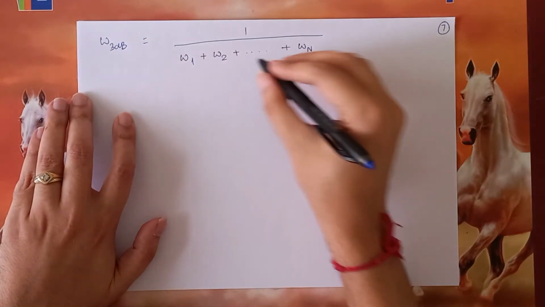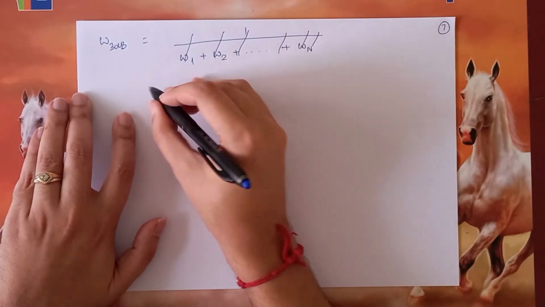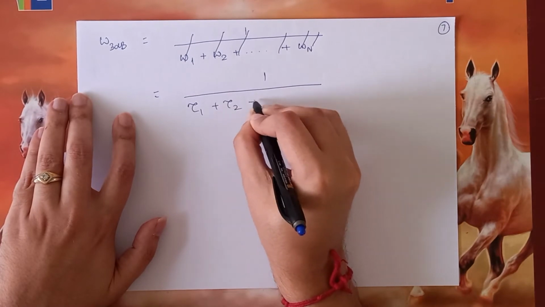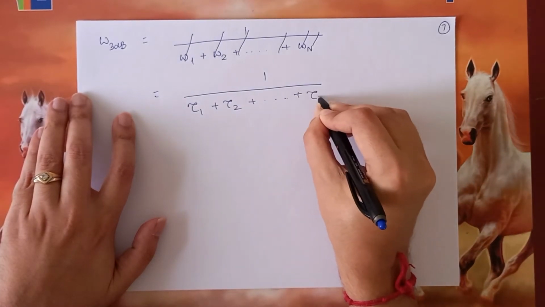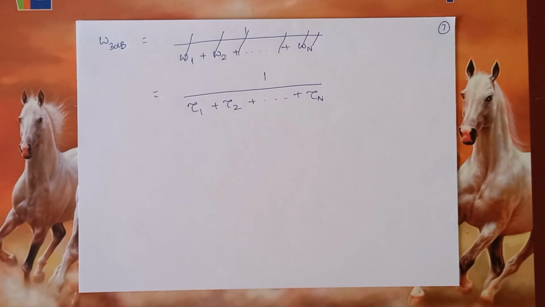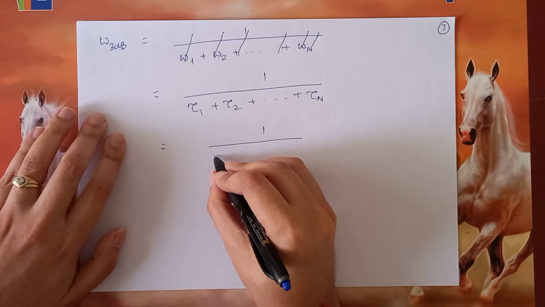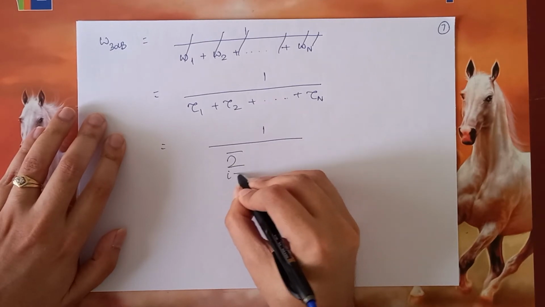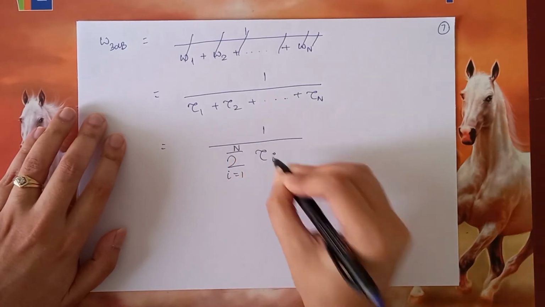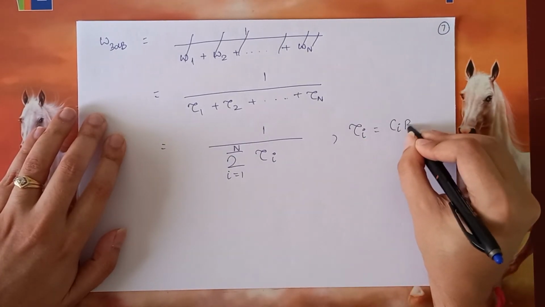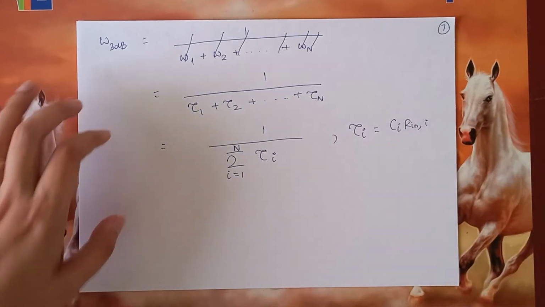I'm sorry, this is not omega, it should be tau. Sorry for the mistake. Tau 1 till tau n are all the individual time constants. Or I can write this in this form: 1 by summation i going from 1 to capital N of tau i, where tau i is the Ci times Rn of the ith capacitor.